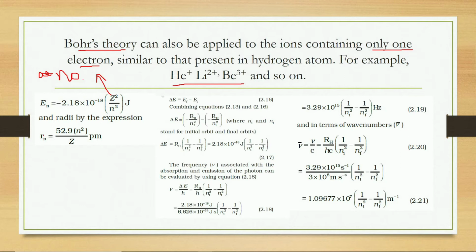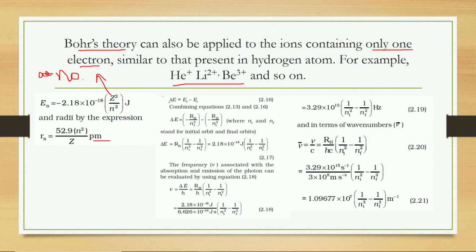And r, which is the radius, is equal to 52.9 n square divided by Z. Similarly, here Z is the atomic number and n is the principal quantum number. The unit of radius is picometers. And here this is a naught, whose value is 52.9 picometers.